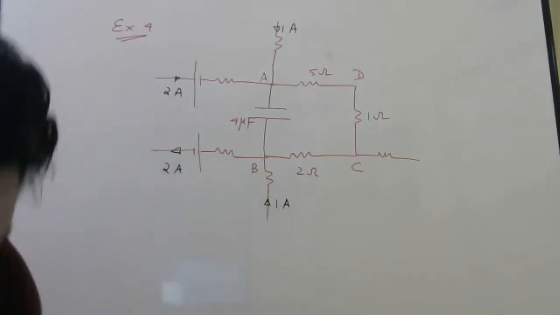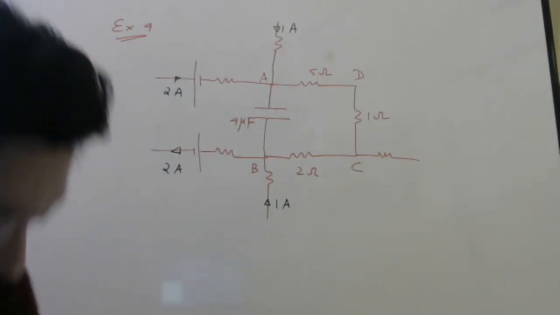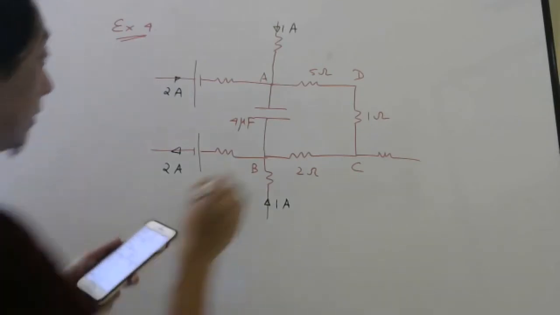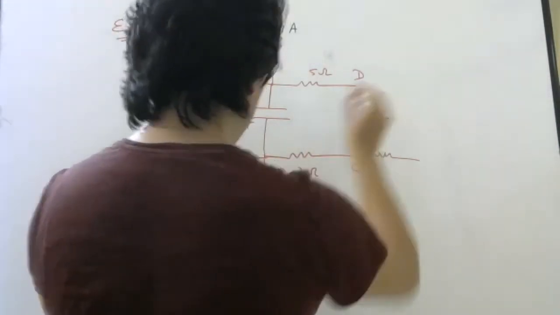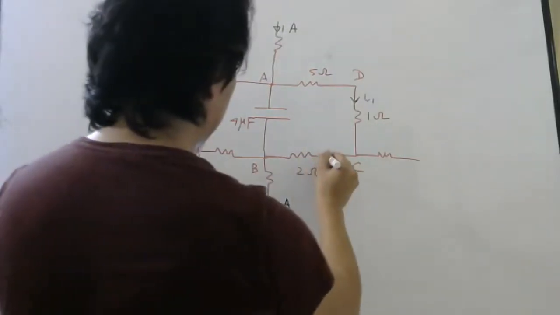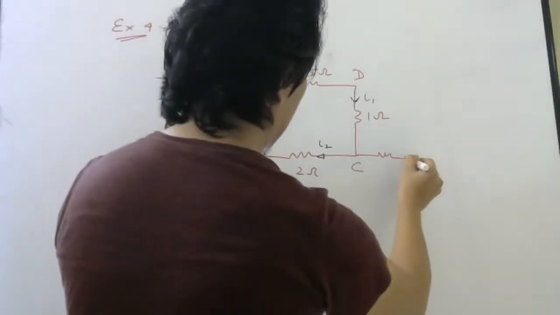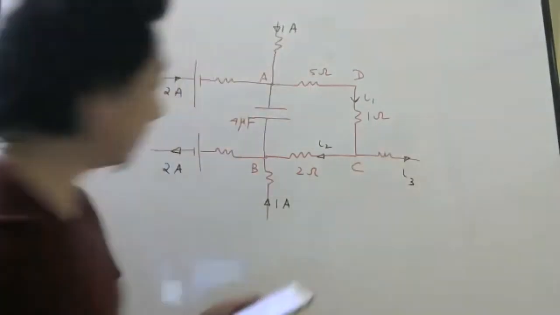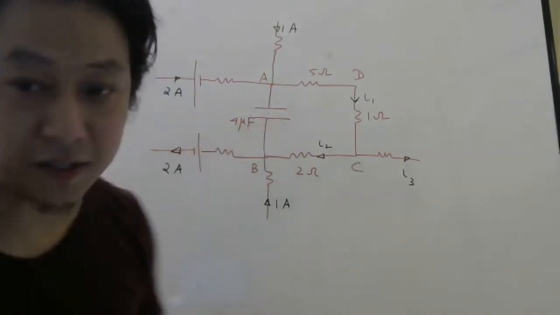Okay. So the first thing I want all of you to tell me is, here they have shown I1 and here they have shown I2 and here I2. Okay. The question is basically to find the energy stored in this capacitor.